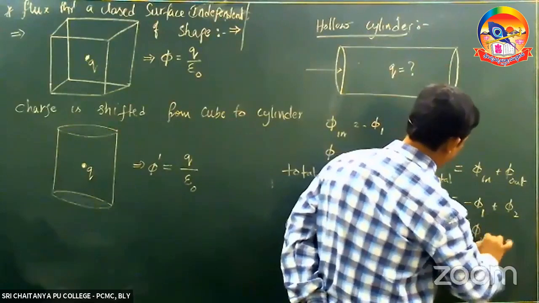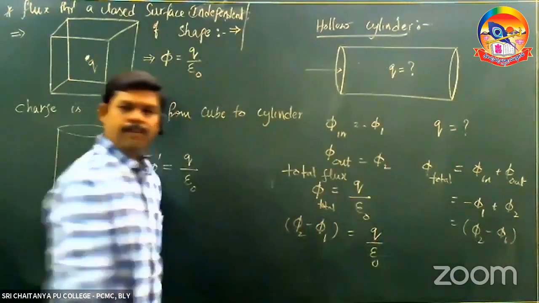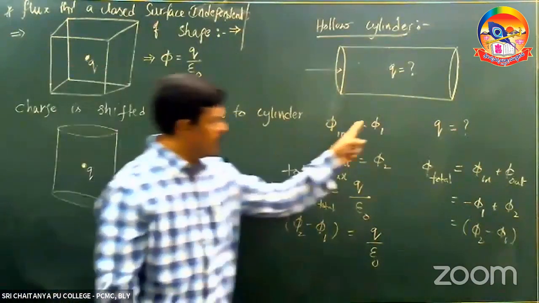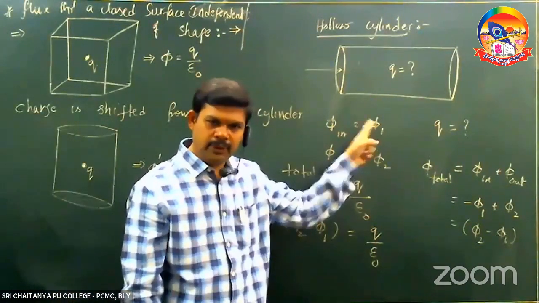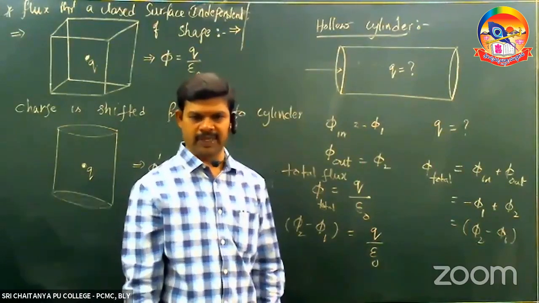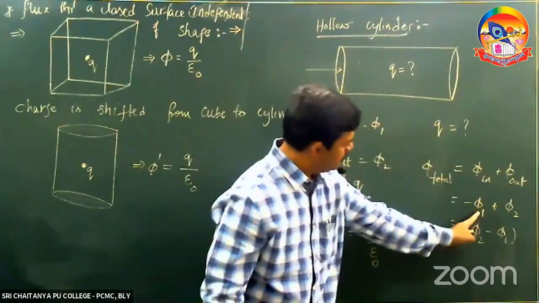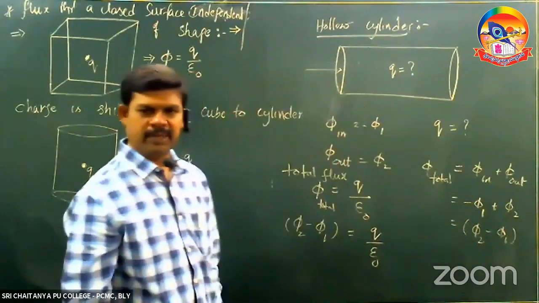This is phi 2 minus phi 1. This is what I took here. Right? The inward flux numerical value is given to you. Whenever you take it into a problem, you take inward flux as negative and outward flux as positive. Phi 2 minus phi 1.